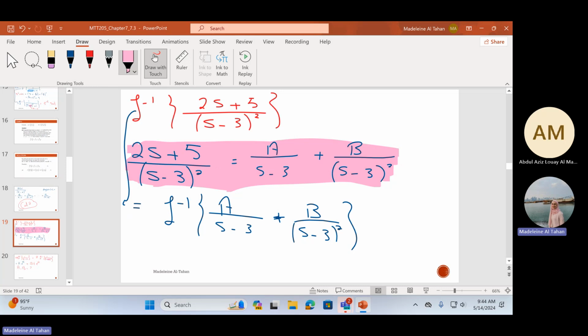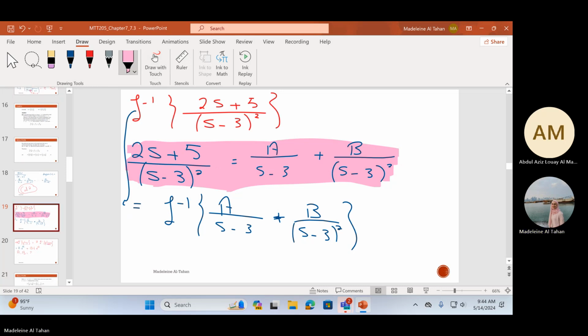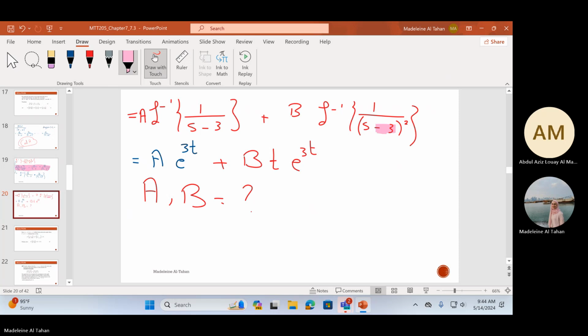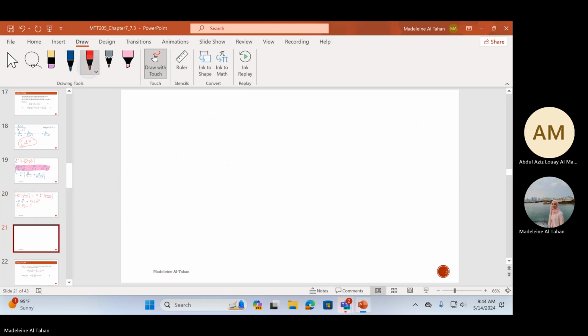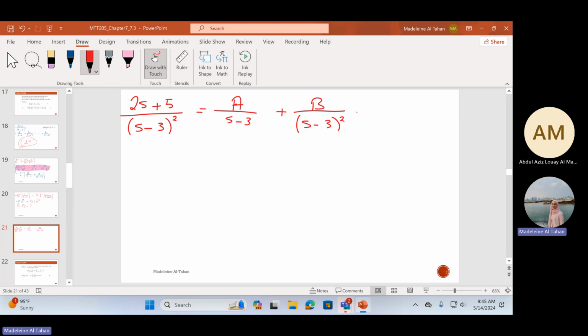Are we finding it, miss? I will be right here. I will wait for the answer from you. Our aim is to find A and B, so we need to do common denominator and then compare the numerators together.